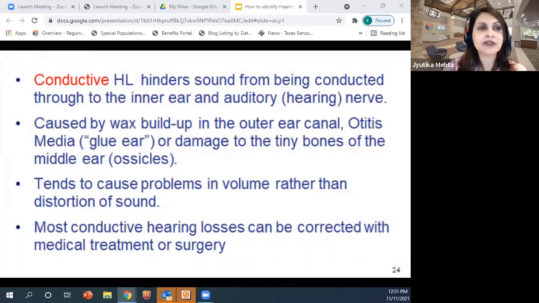Even though it is relatively easy to fix conductive hearing loss, consequences to the brain shouldn't be ignored, and that's why we need to pay attention to that early history, especially if this has happened in the early years where that brain development is taking place. The sensory input is reduced, so it leads to sensory deprivation and difficulties with language learning and so forth.